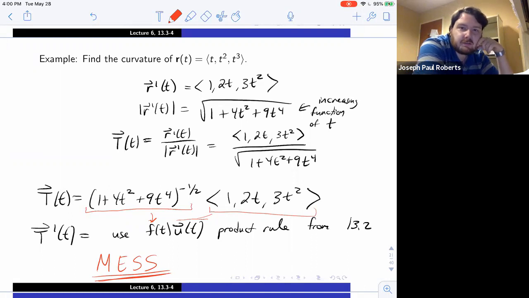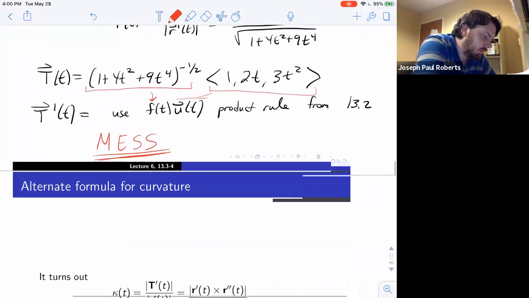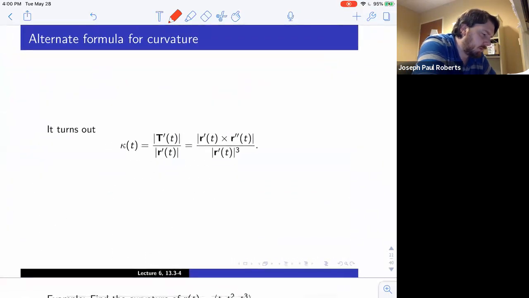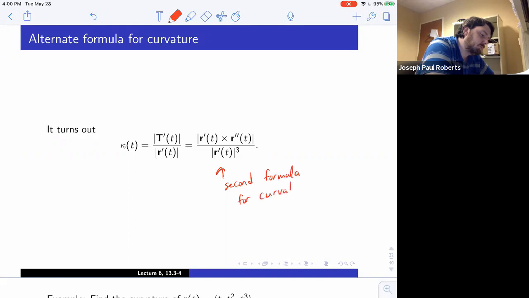So it turns out there's a way we can get around this. So it turns out we're going to have another formula for curvature. And so I think it's good to know both of these.